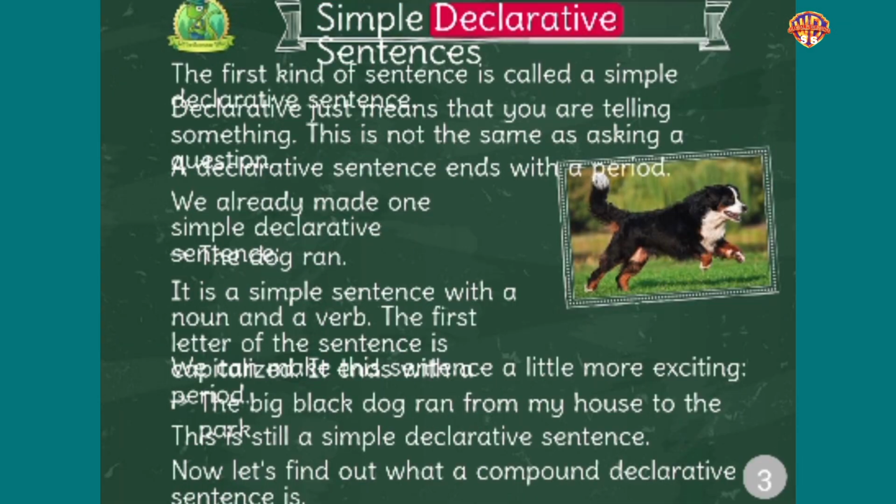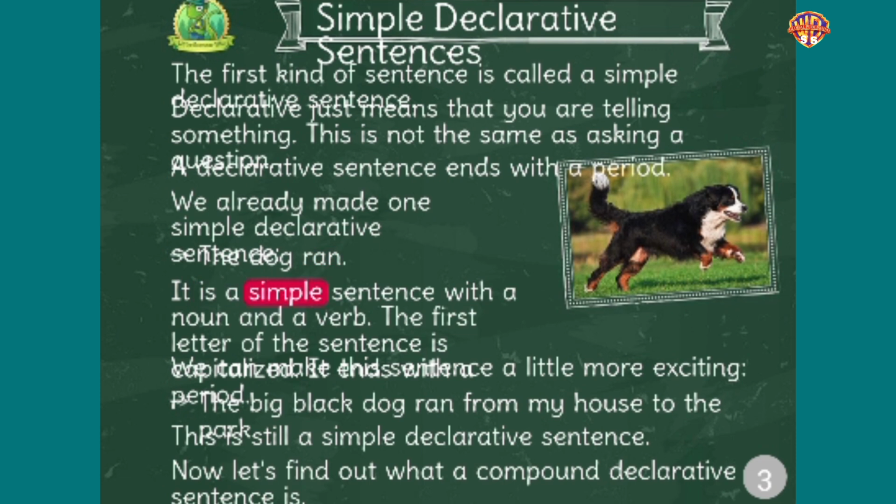Simple declarative sentences. The first kind of sentence is called a simple declarative sentence. Declarative just means that you are telling something. This is not the same as asking a question. A declarative sentence ends with a period. We already made one simple declarative sentence. The dog ran.